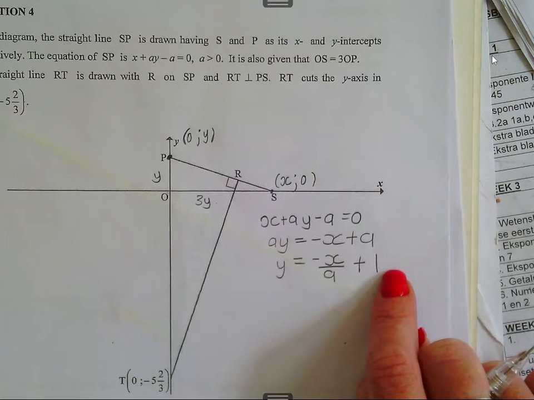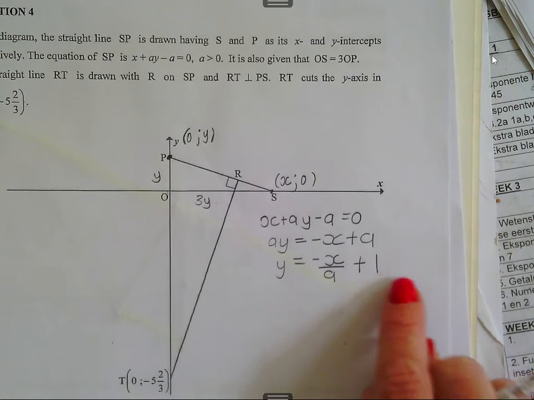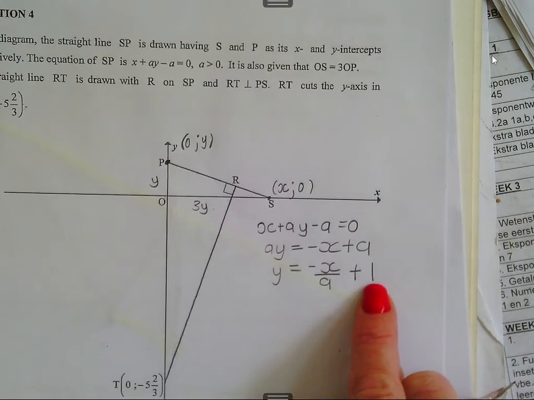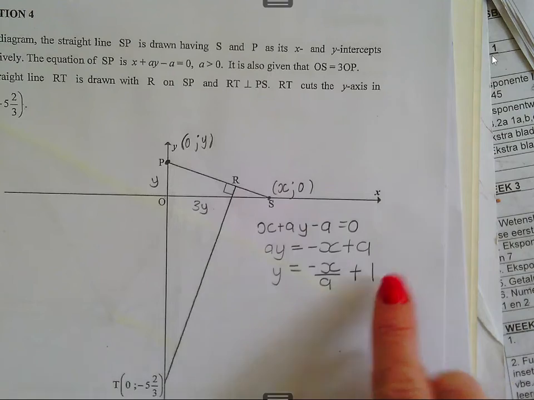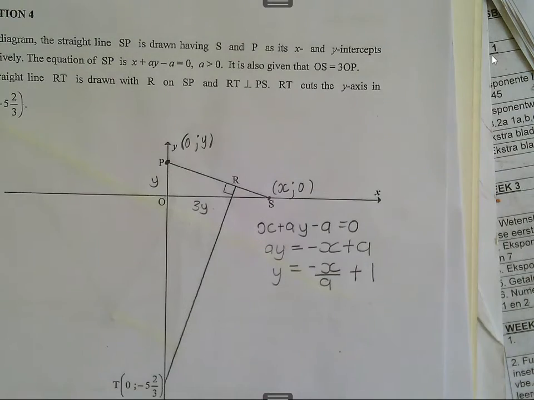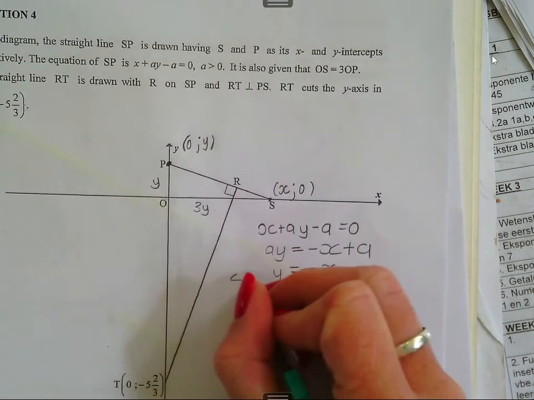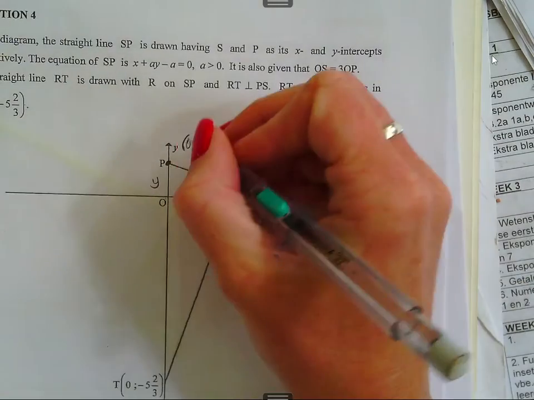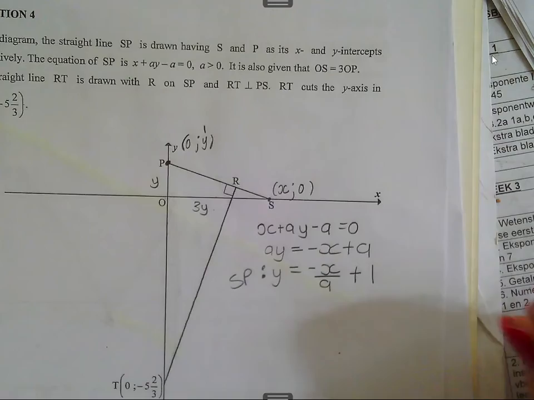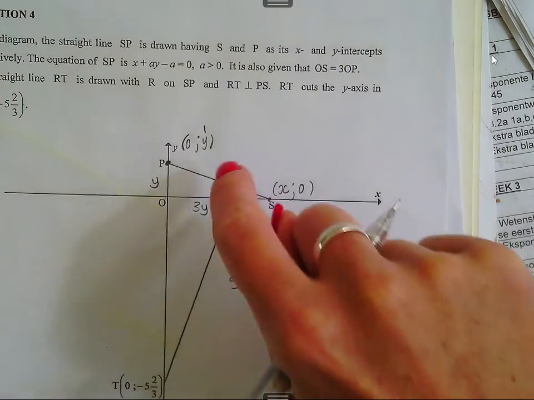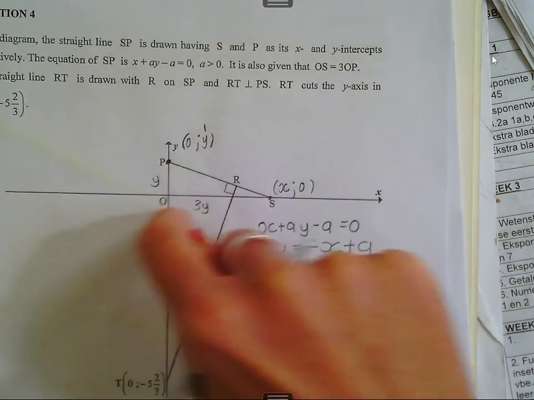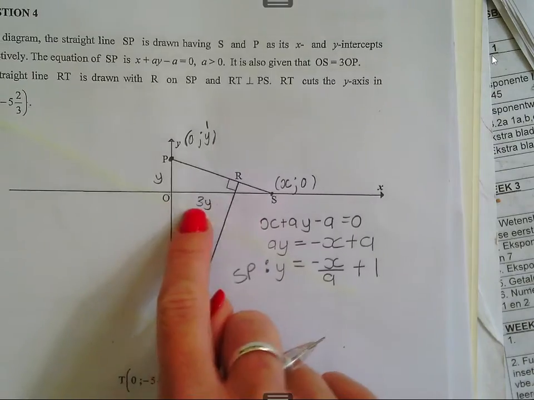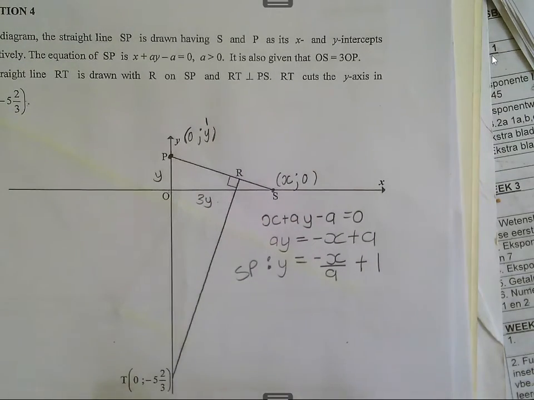C is the Y-intercept. Do you know what it means, what 1 is then? Where is 1? This is the equation of SP. Where is 1? At P. So you've got the value of Y, and you've also got the value of X, because X, this distance, is 3 times Y. So what is X?